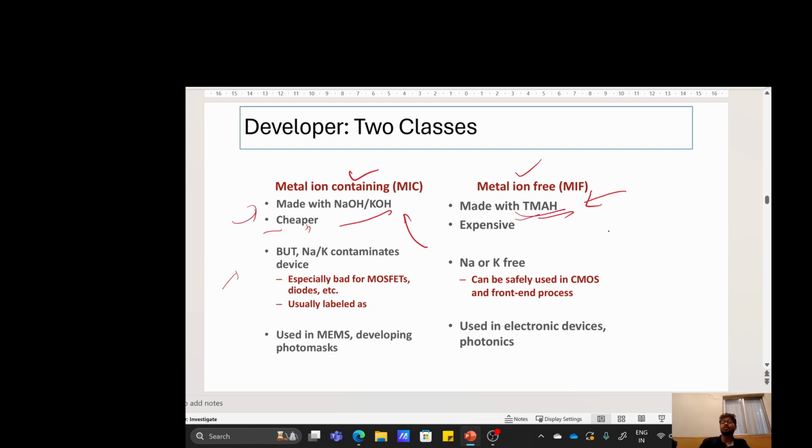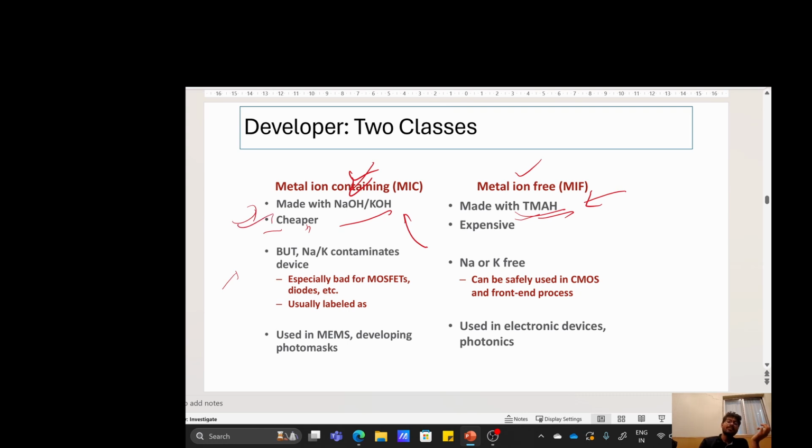In this one, there is no metal. If you are doing device processing on the silicon wafer, the diffusion coefficient, the diffusivity of these metals that we have seen during the diffusion part, is very high for these metal ions, and that will kill your device.